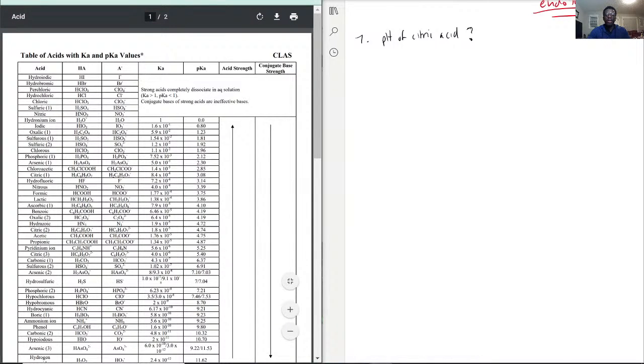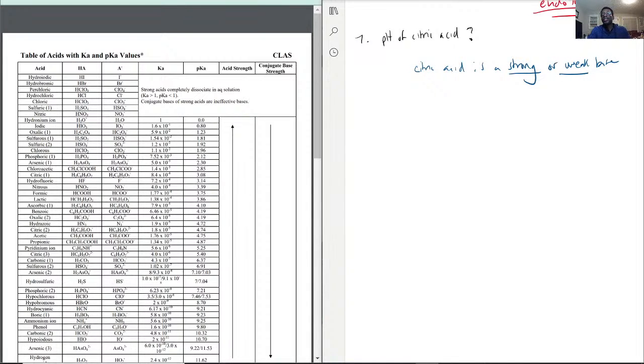So we refer back to our lovely acids and bases table and we look for citric acid, because we need to know whether citric acid is a strong or weak acid. And what do I mean by that?